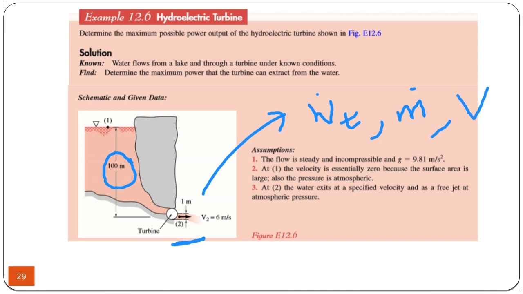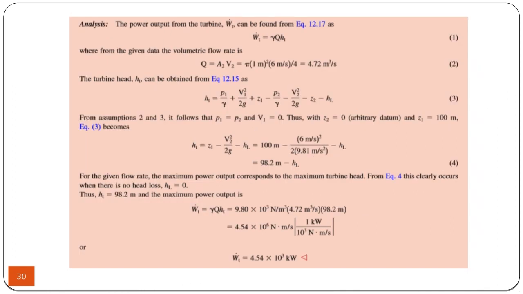So the first thing to do is to write the energy equation. It's arranged to have the turbine term alone, so that there is no pump here. Pump term is 0, but we assume that there is a loss term.